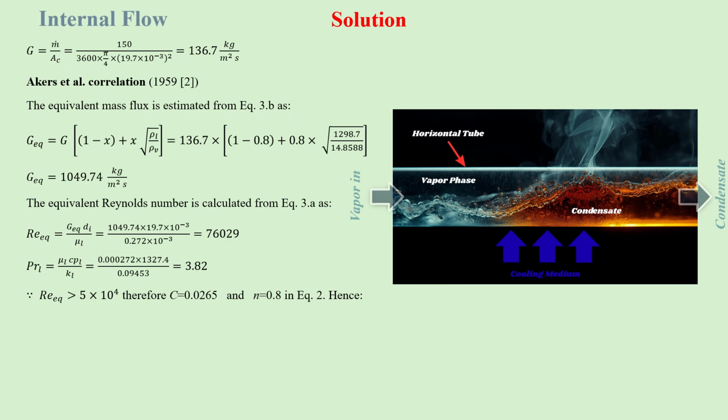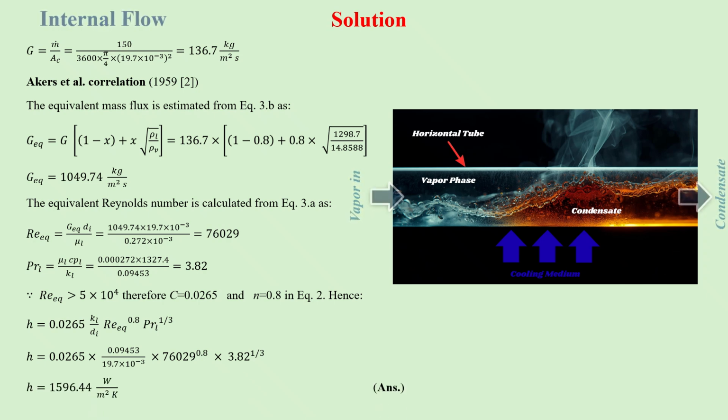If we substitute these values in equation 2, then we will get a condensation heat transfer coefficient of 1596.44 watt per meter square Kelvin. This is the final result when we are using Akers' equation.